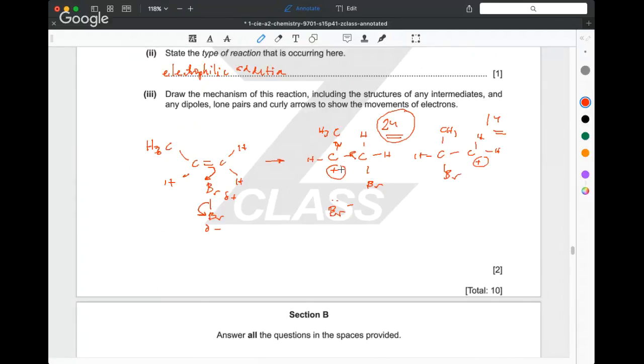So that positive charge is reduced in the secondary carbocation, but over here, you've only got one electron releasing group, and so the positive charge in the primary carbocation is not reduced as much as it is here. So this is the correct intermediate, and that's the incorrect intermediate.